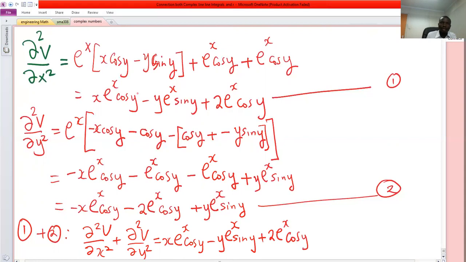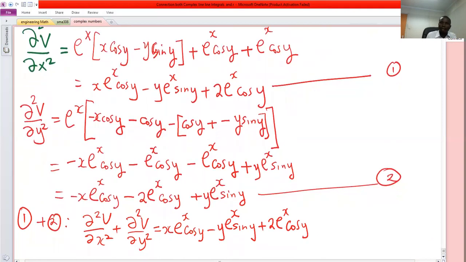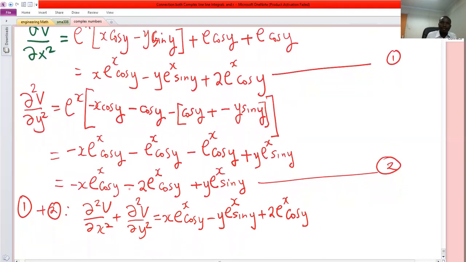So I've written all these terms for partial squared v partial x squared. And then plus these ones, we have minus x e raised to power x cos of y minus 2 e raised to power x cos of y, then plus y e raised to power x sine of y.